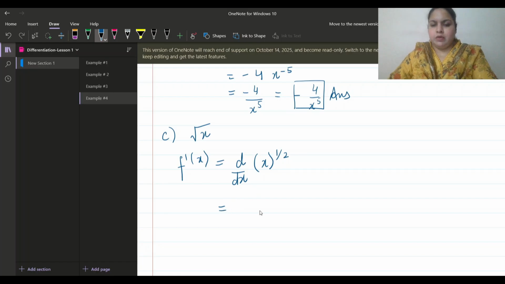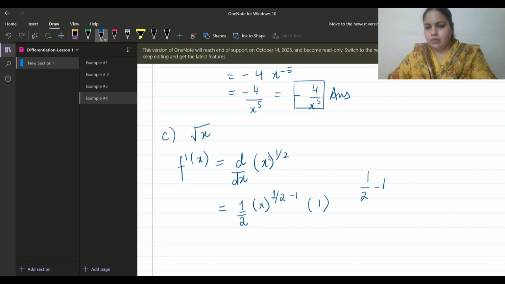So again, our power rule says n x to the power n minus 1, d upon dx of x. So if you solve it, the 2 will come in the denominator and it's 1 minus 2, which is minus 1 by 2.